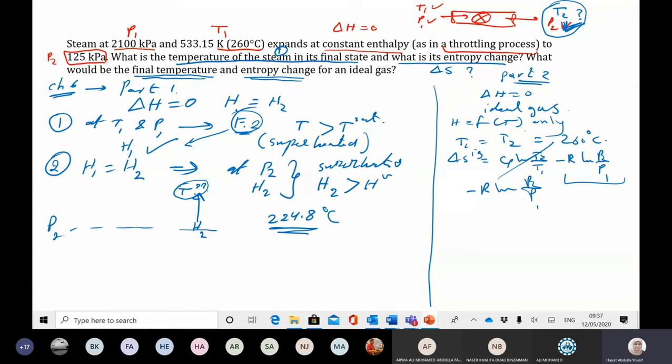Last thing I want to say on this question: keep in mind you can find the temperature and also the entropy, because at this H2, if you cannot find the exact H2, you can find it using interpolation, and you will also find S2 at the same location. You will get it by interpolation as well, and it's going to be 7.8316.